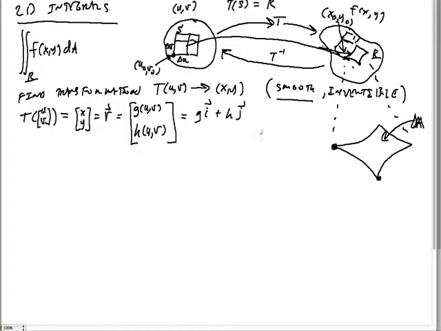Again, that was the point. We took that point u0, v0, and transformed it through this nonlinear function, and that turned to x0, y0, which I'm also going to call the vector r0.